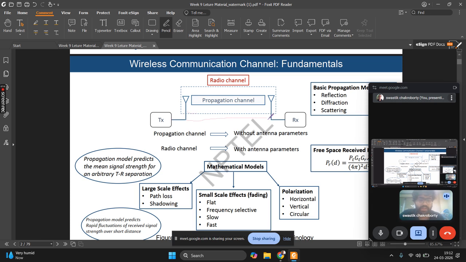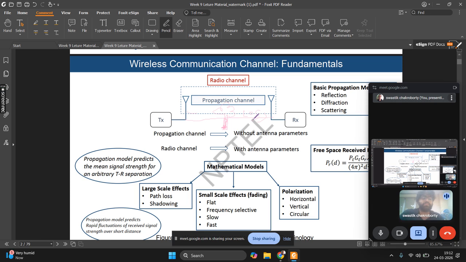This is the line of sight, but sometimes it may be blocked. Say there is a tree in between the transmitter and the receiver. Then the line of sight is blocked.